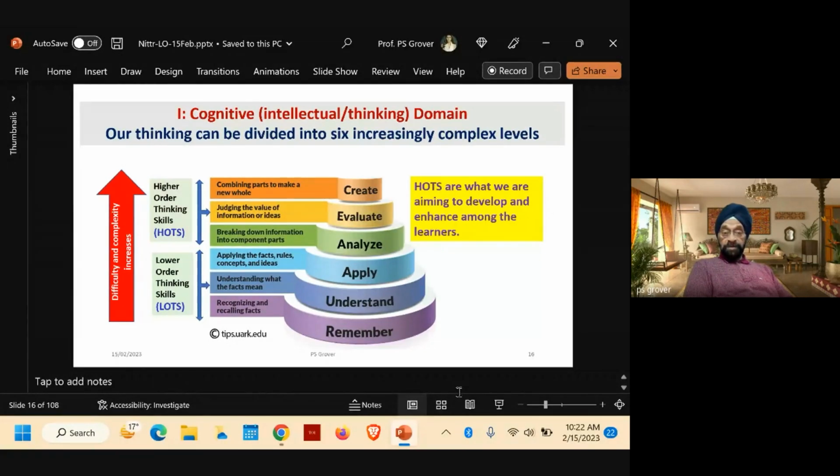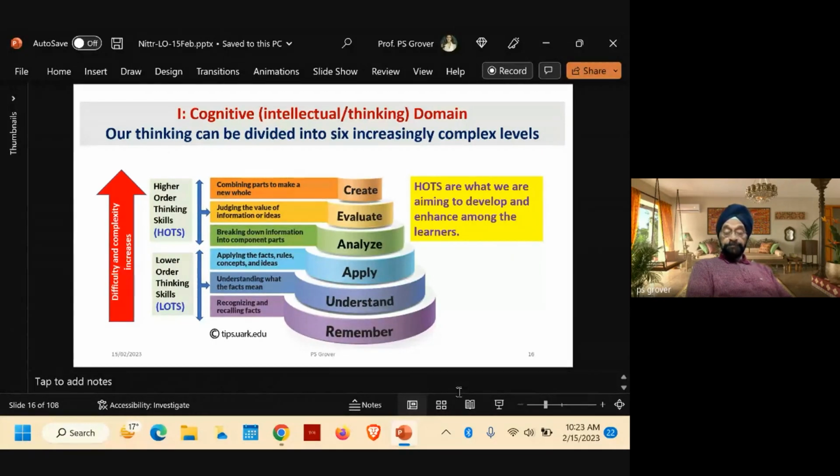He is also developing how to judge ideas, how to differentiate ideas, how to evaluate ideas, and then combining parts to make a new whole, creativity. That means our goal is to develop higher thinking skills in the student.